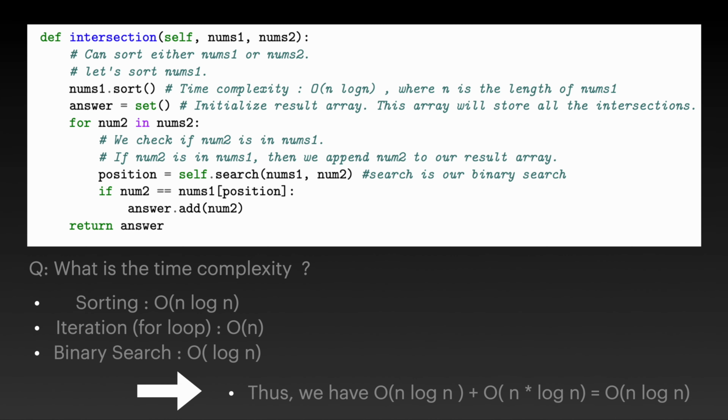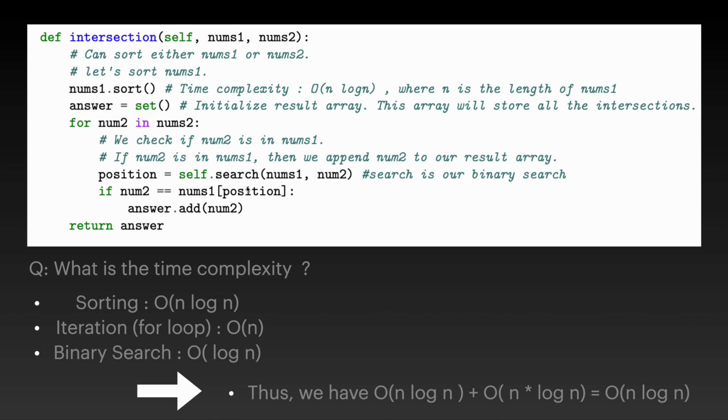Here is my first approach. This is using binary search. In this case, I apply the sort function on nums1, and we iterate here for num2 in nums2. We have this binary search function, which I didn't include in this part because of the limitation on my space.